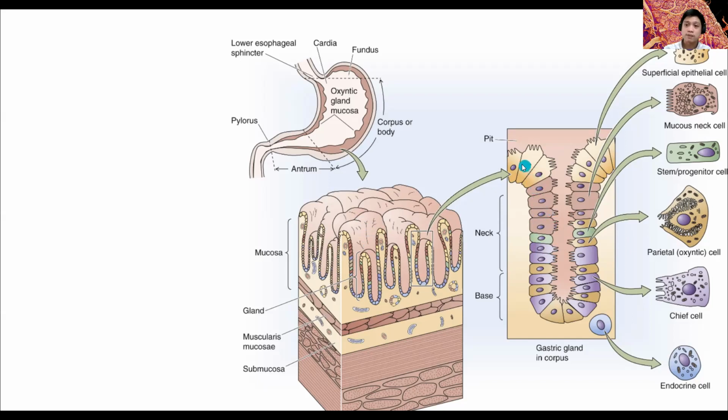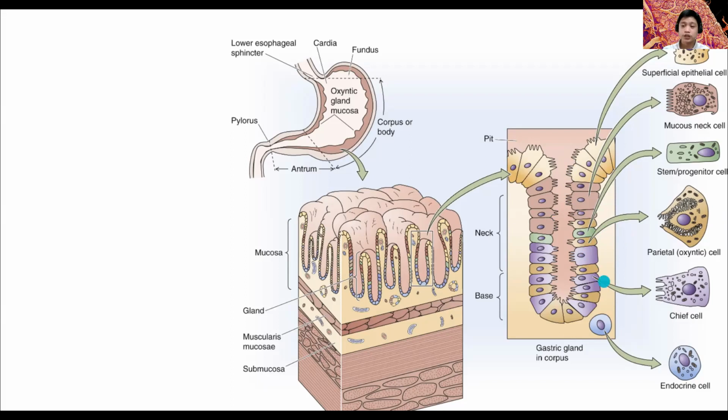You have the surface epithelial cell, which is a lining cell. You have a mucous neck cell, which creates mucin or mucus that lines the layer of the mucosa, which prevents it from being destroyed by acid. You have parietal cells, which secrete acid, and chief cells, which secrete enzymes.